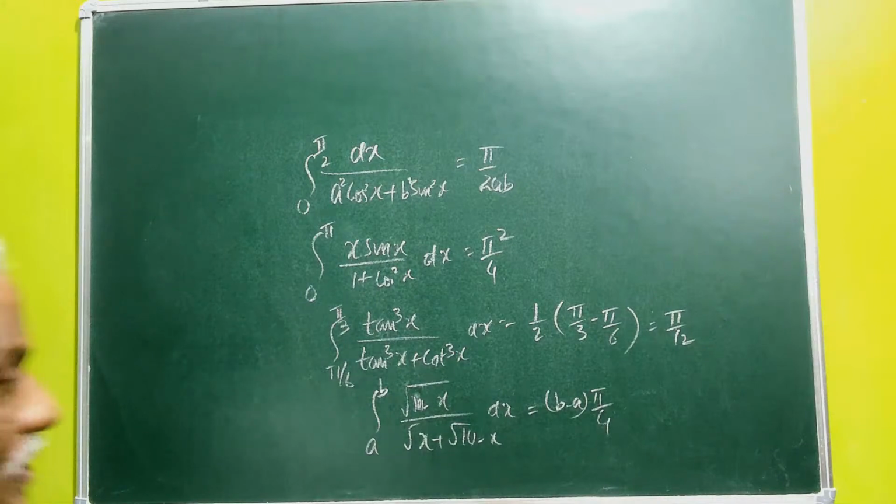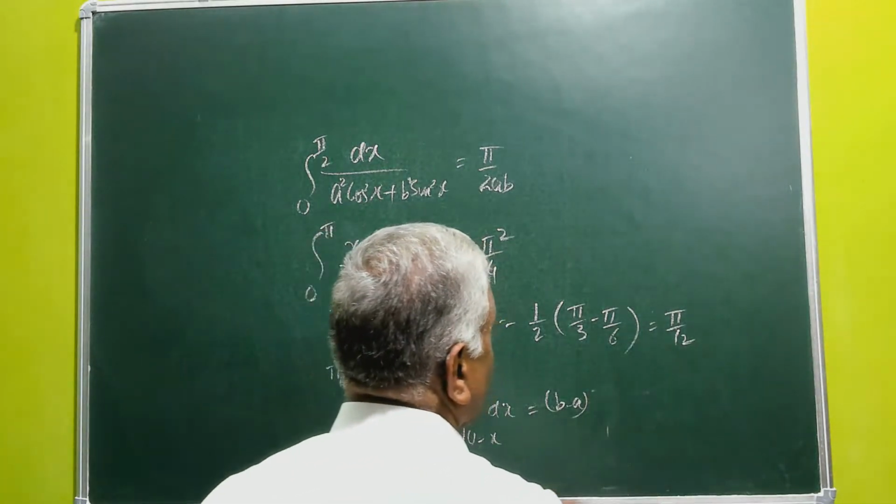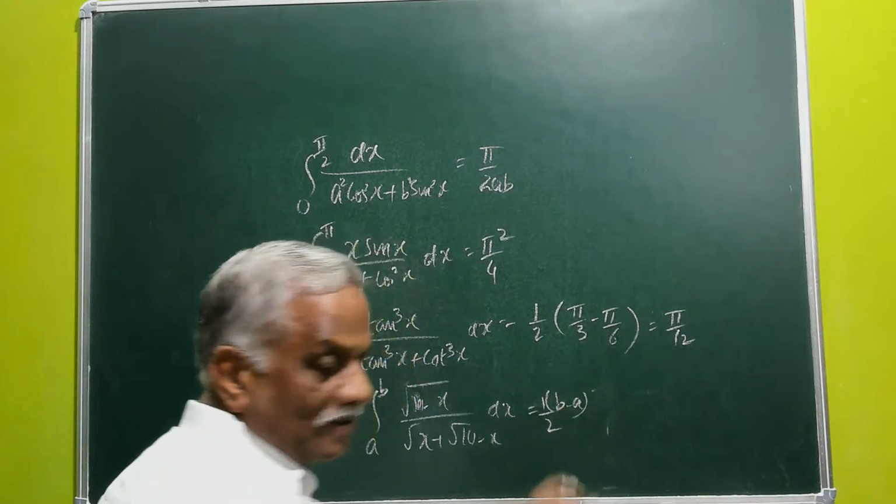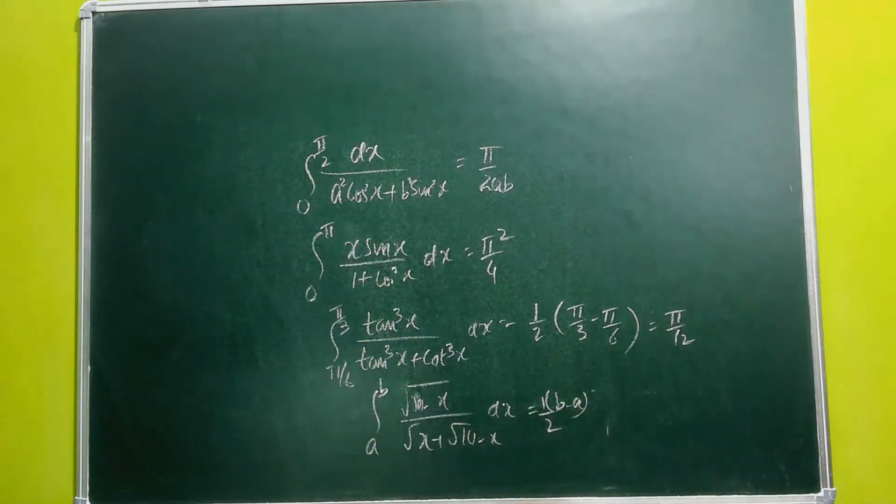No, pi by 4 is not required, it's just half of b minus a. Remember, it's half of b minus a.